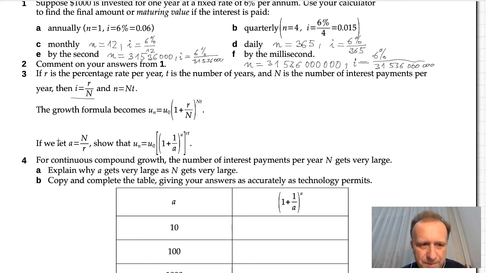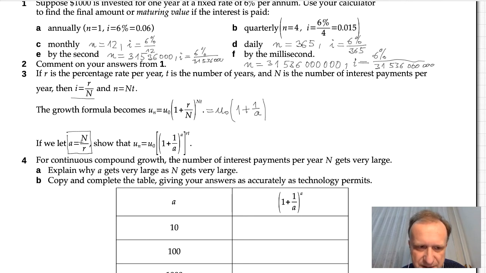Okay, now we will make a very clever substitution here. If I substitute n over r by a, then you can see that this formula is u sub 0 times 1 plus, and r over n is the reciprocal of n over r, so it has to be 1 plus 1 over a.